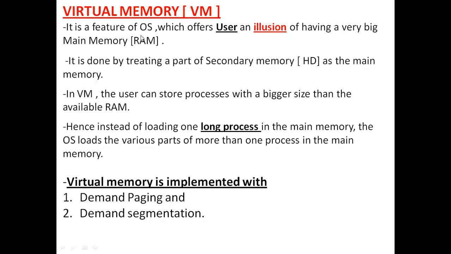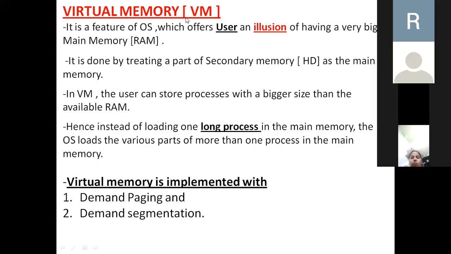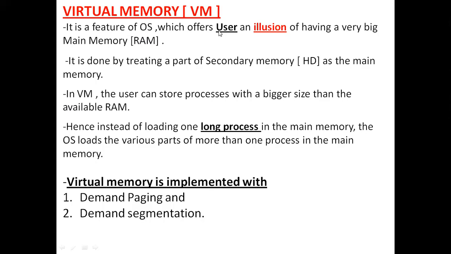The RAM size is limited, a finite amount in any system, but the hard disk space is very large. In virtual memory, the user assumes he has a huge amount of RAM and can write his program of larger size.